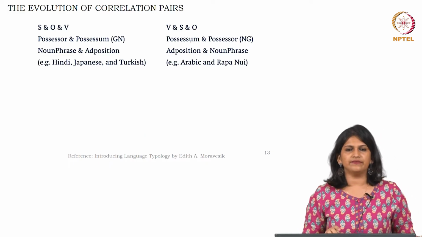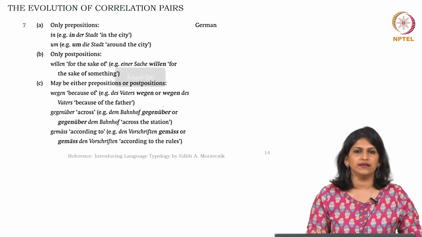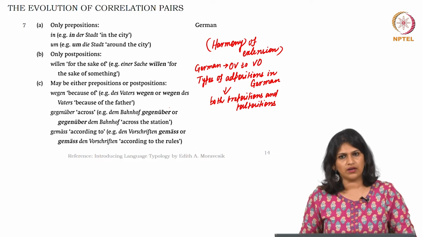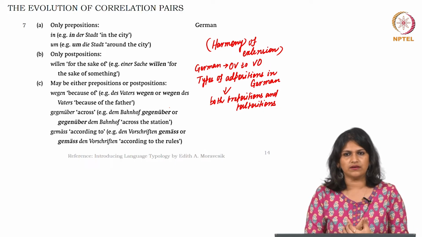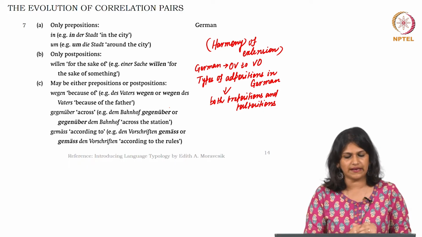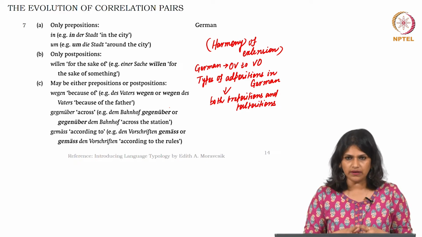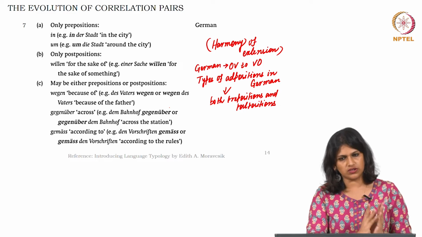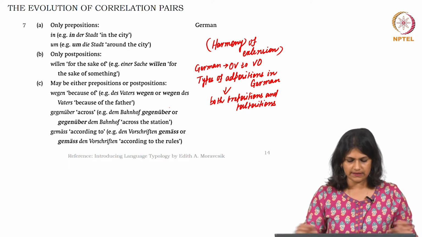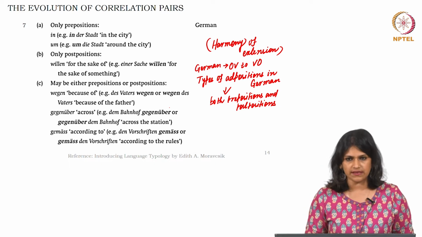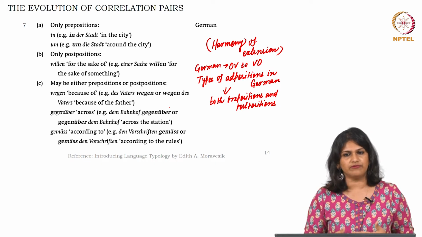So, how this kind of a correlation pair has evolved by now. Since we have observed what the typologists have already claimed so far, is that when you are talking about the word order, there is a certain by default condition or the initial stage, then there is a final stage, and between the initial and final stage there are multiple intermediary stages which might have resulted from two things.